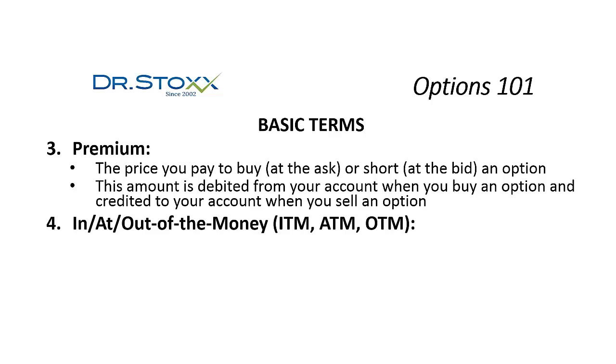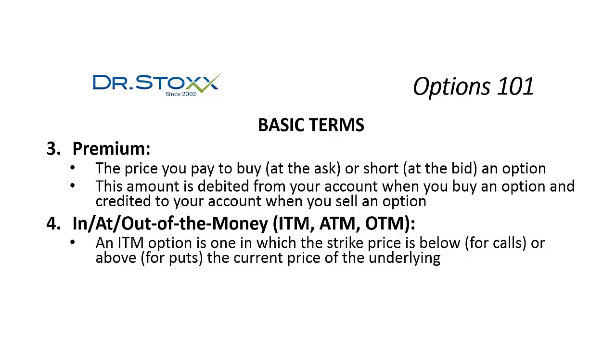Now, options come in three varieties here: in the money, out of the money, and at the money. And these three types of options are designated by where the current trading price of the underlying is relative to the strike price of the option that you're buying.